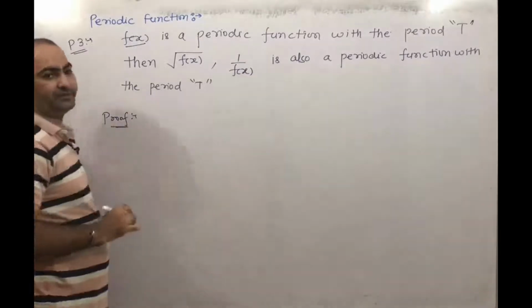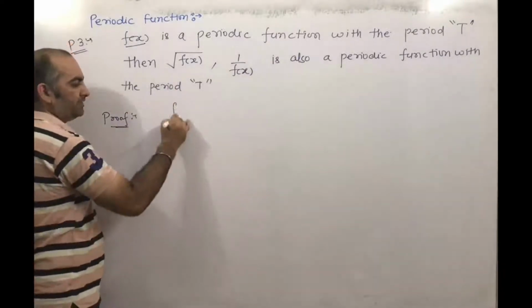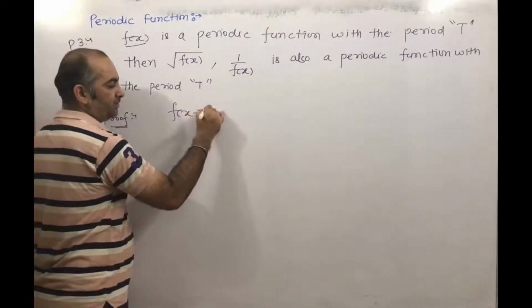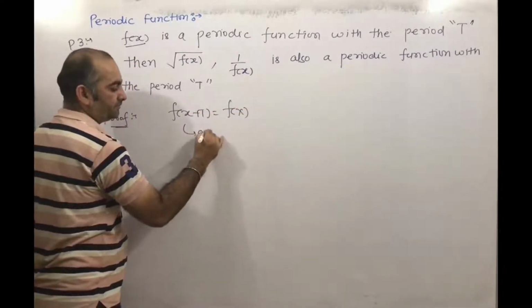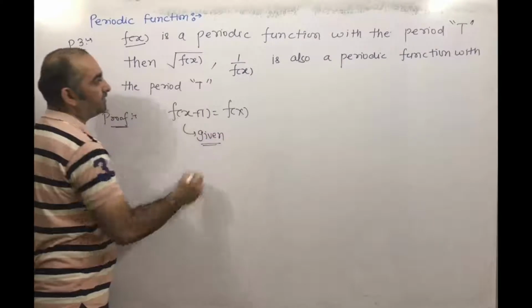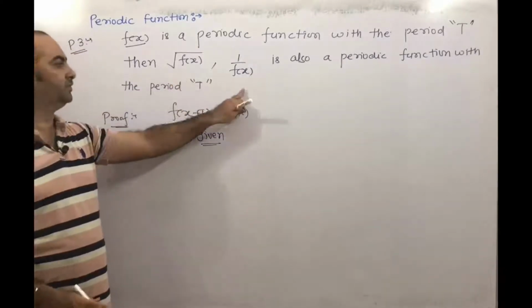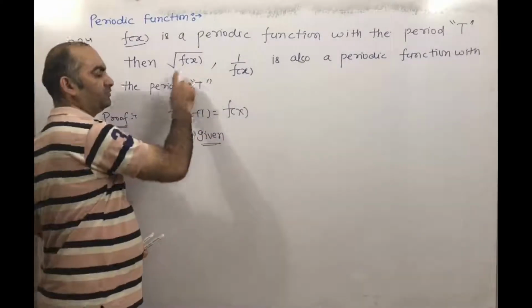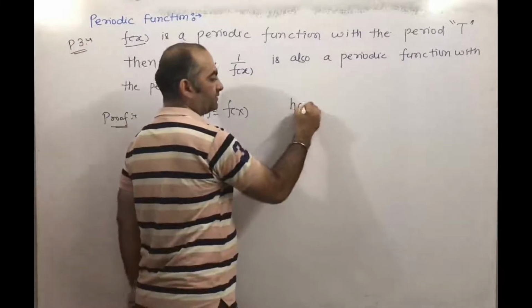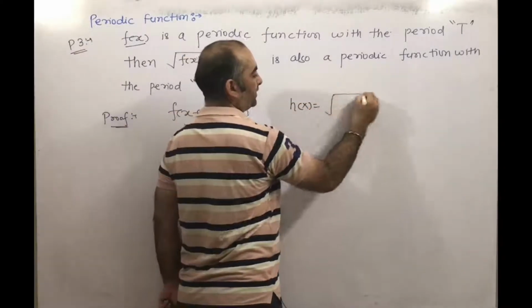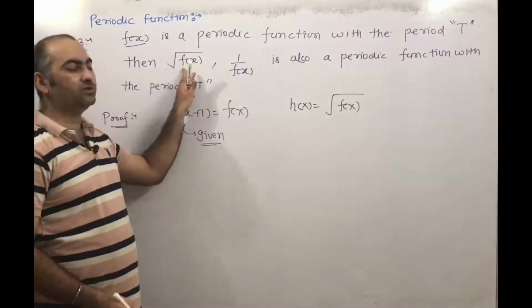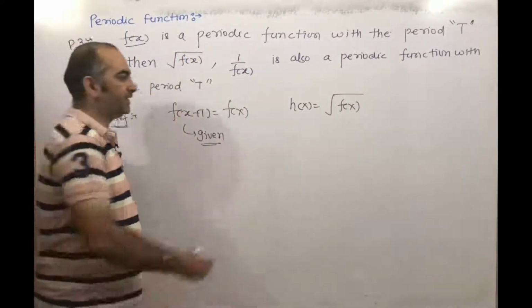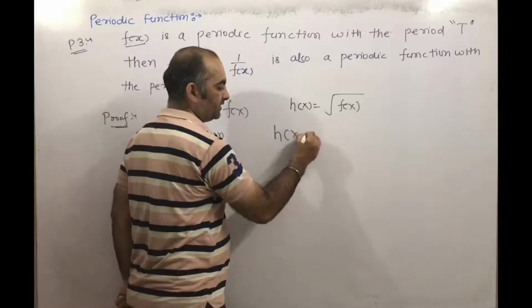f of x is a periodic function with the period t. So from here we can say that f of x plus t must be equal to f of x. Okay, this is given. Then we have to check whether these two functions are periodic or not. So this function we are taking as h of x. So what is h of x? Root over f of x. We are saying that this function's period is also t. So we can check here h of x plus t.